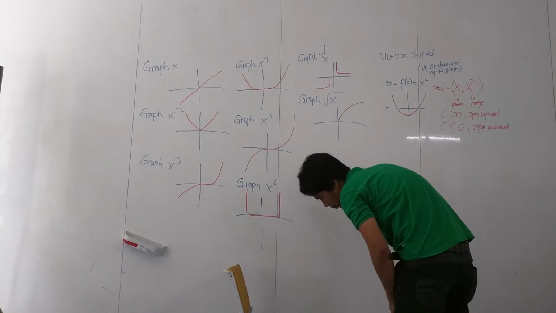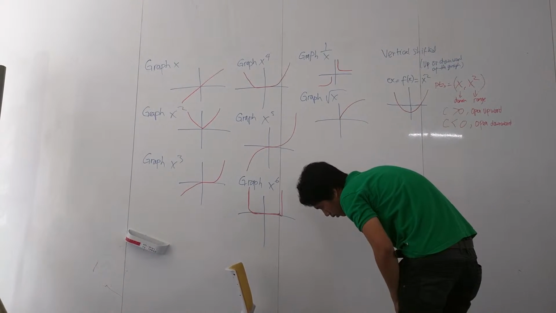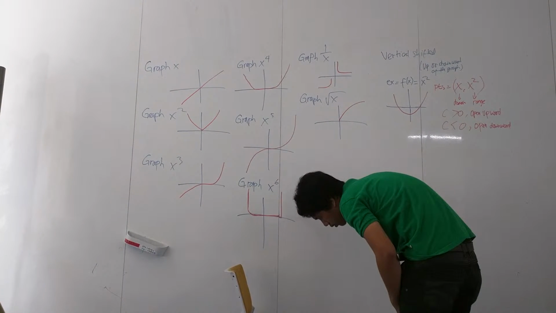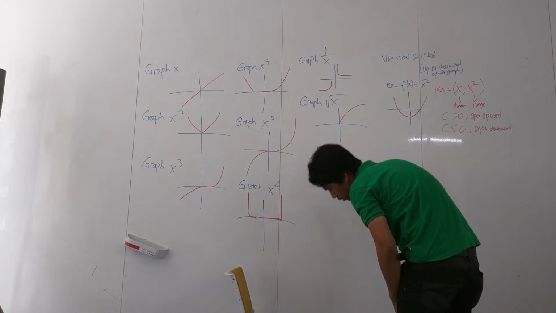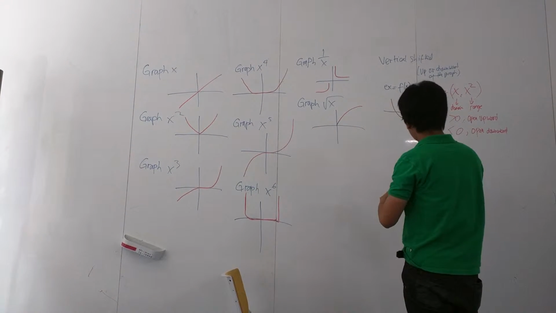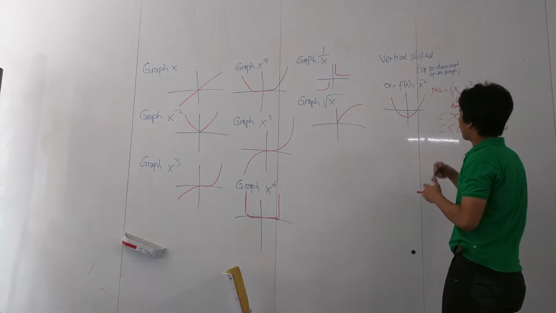So for this example, the constant is equal to c. This is the first graph that we have.